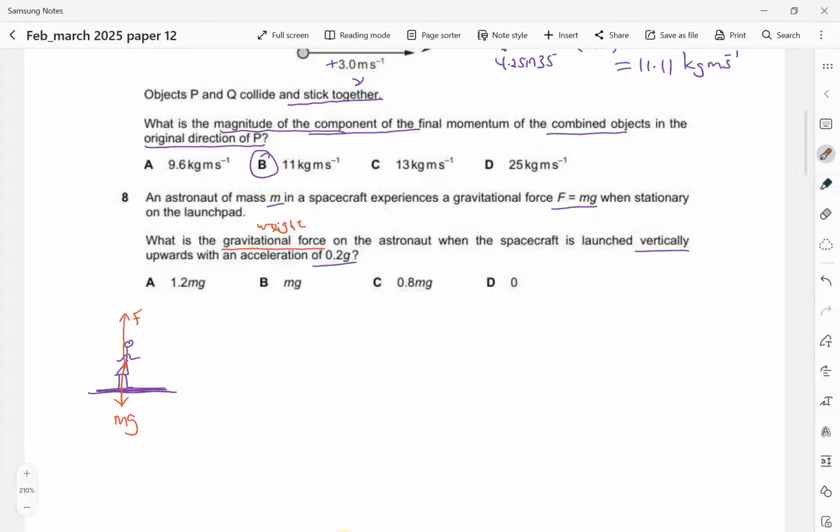So what is the gravitational force on the astronaut when the spacecraft is launched vertically upwards with an acceleration of 0.2 g?